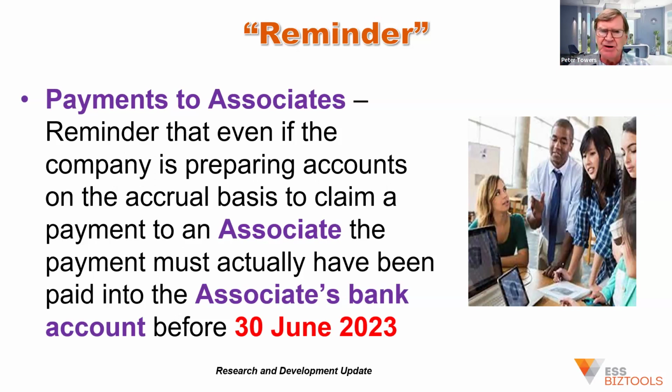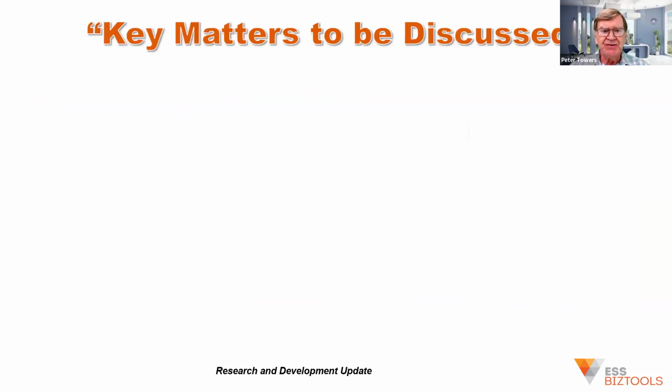They will need very good records to be able to substantiate that. They might get 5% for an overall supervisory brief, but not for large percentages of their time. So that's the reminder on associates.